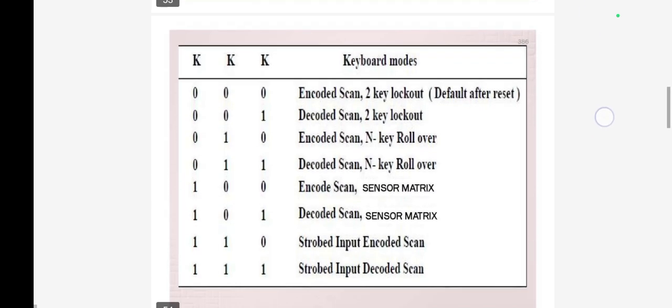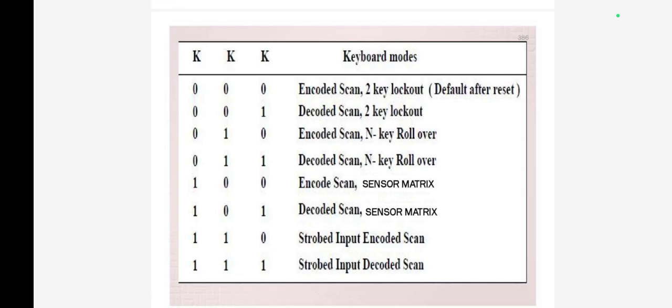And in the keyboard mode, if D0, D1, D2 are 000, 001, 010 up to 111, the keyboard modes are encoded scan 2-key lockout, decoded scan 2-key lockout, encoded scan N-key rollover, decoded scan N-key rollover, and it goes up to strobed input decoded scan.